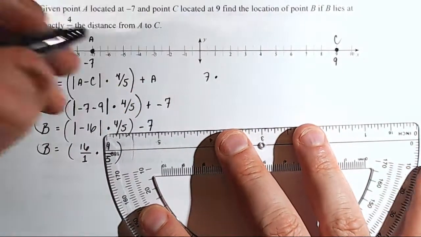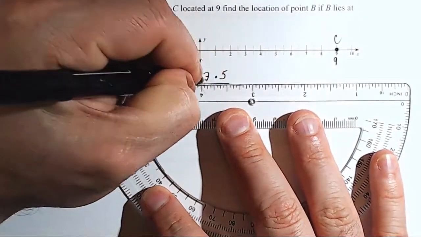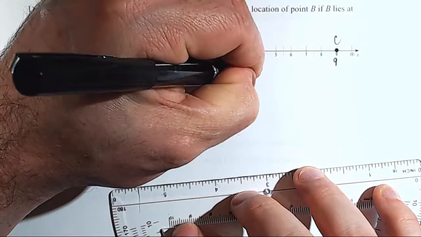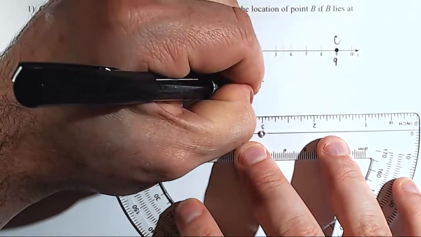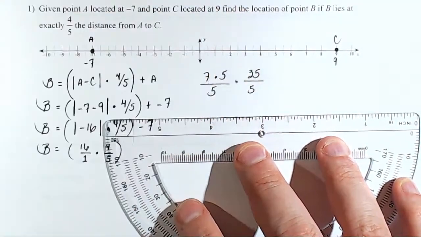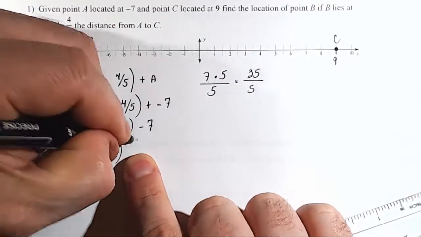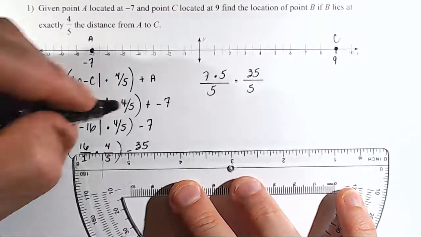Well, if you think about it, that would just be 7 times 5, okay, over 5. And that gives me 35/5, which is just another way of writing 7, all right? But it helps us because now we have a common denominator. So we'll go ahead and in here subtract 35/5.